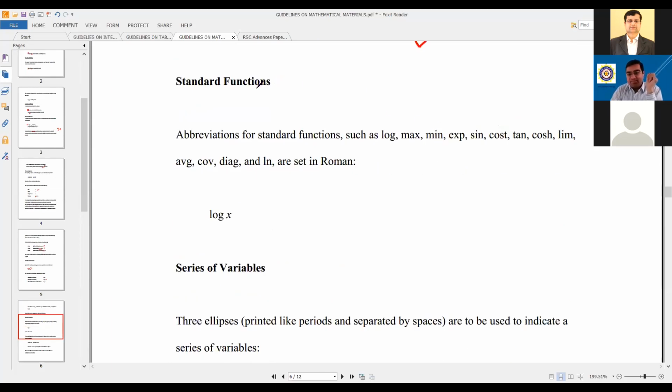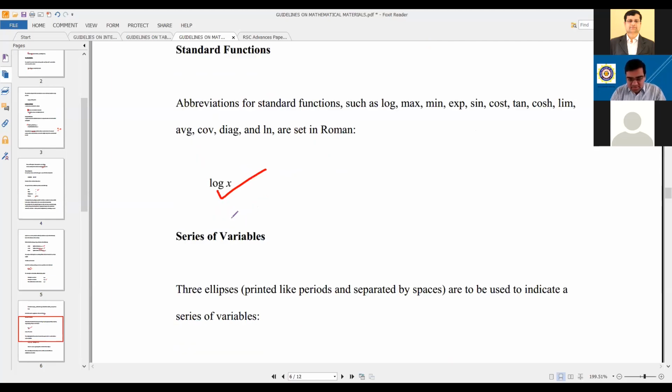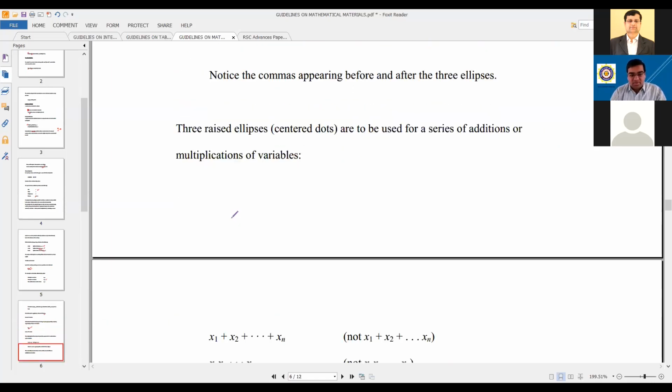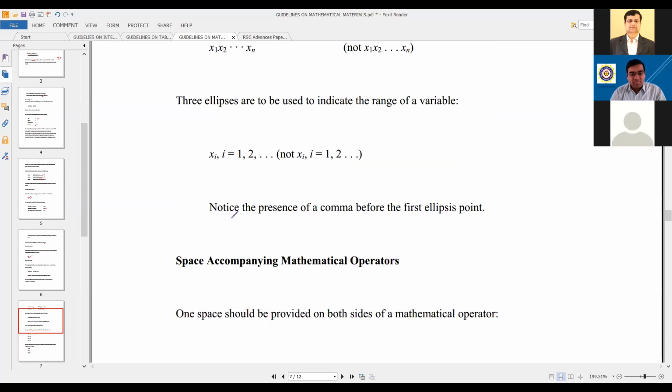Standard functions. There are some standard functions: cos function, exponential function, log function, cosine, cos h, limit, right? All are set in Roman. Log, then space, then variable x in italics. I will move ahead.